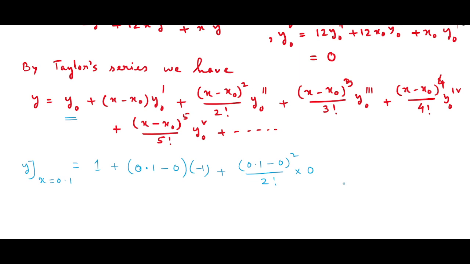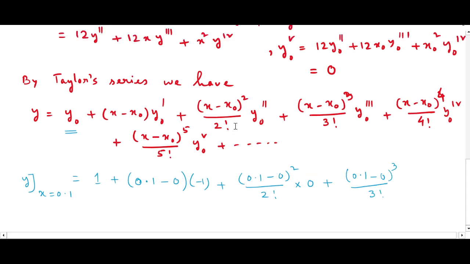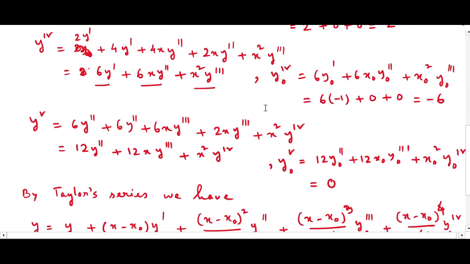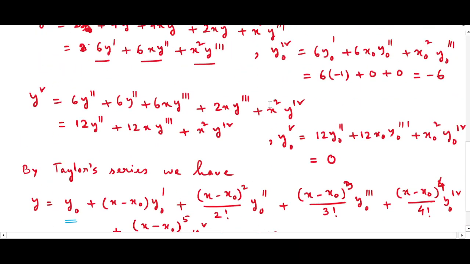Y naught double dash is 0, so you can directly write 0, no need to put the other values. Plus next is (0.1 minus 0) whole cube by 3 factorial y naught triple dash. The value of y naught triple dash is 2.